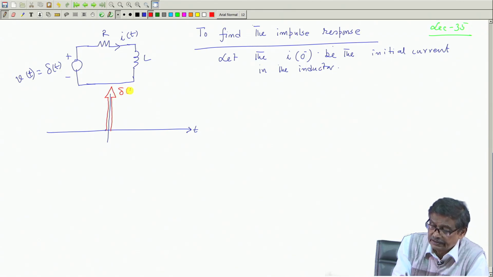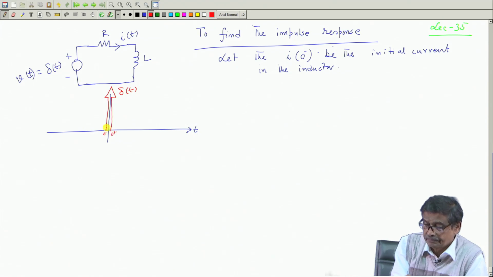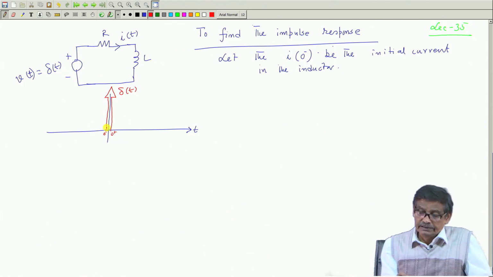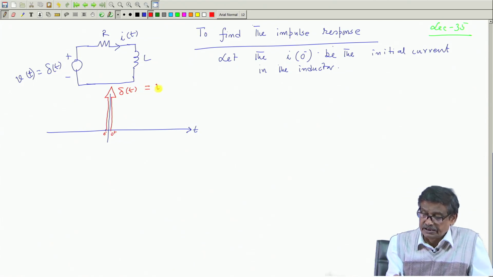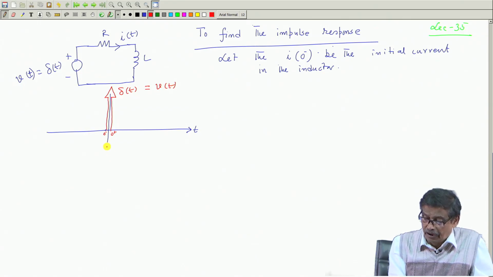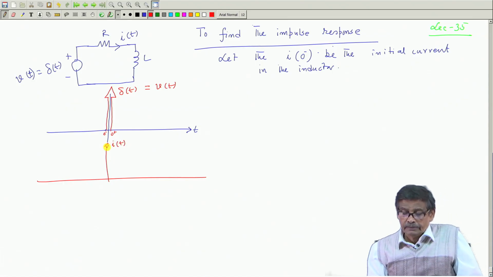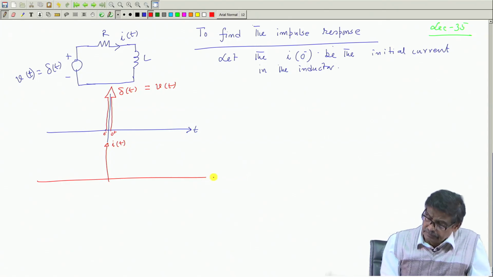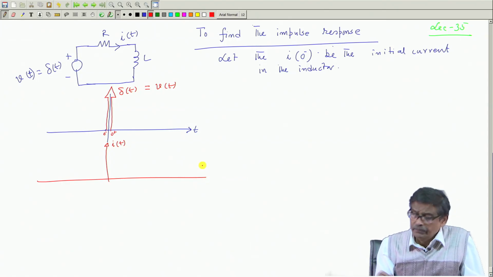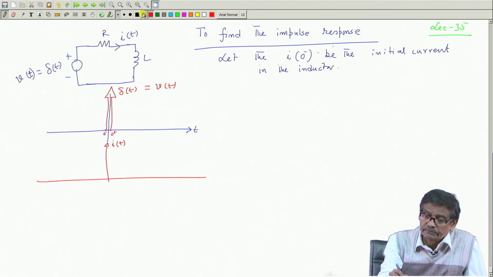So, this is delta(t), this is 0 minus, this is 0 plus, this is equal to your V(t), the applied voltage. Now, I want to know how the current waveform will look, that is, what will be i(t). Now, the first thing is, I will write down the differential equation.